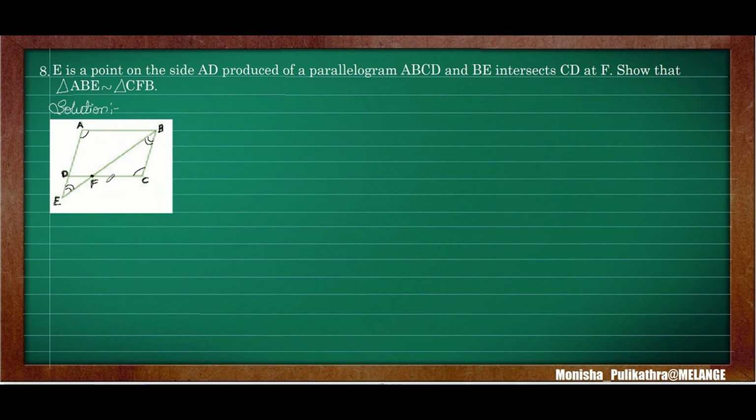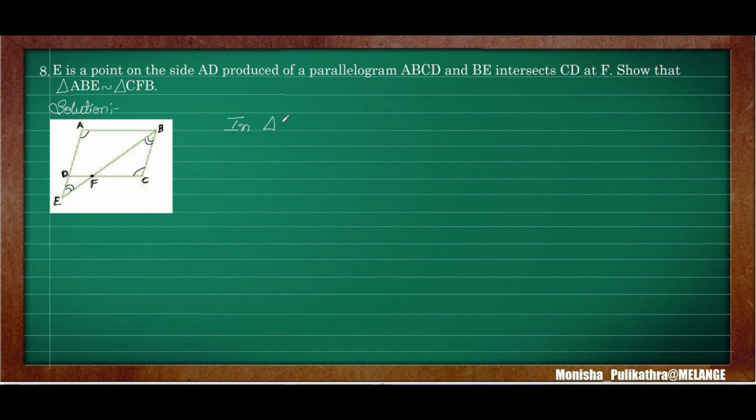BE is a line which intersects CD at point F. This is the question. We need to prove that triangle ABE is similar to triangle CFB. So let us compare those two.